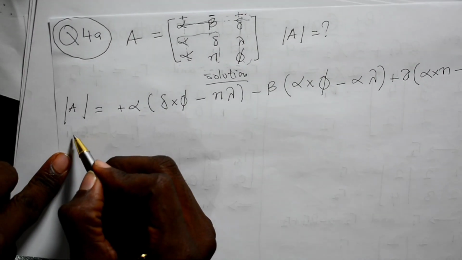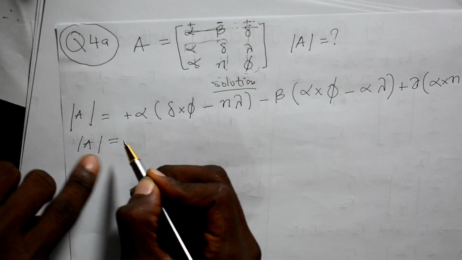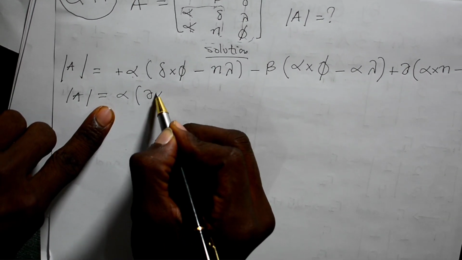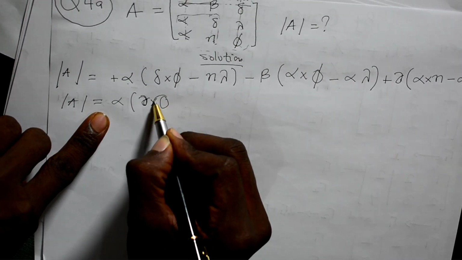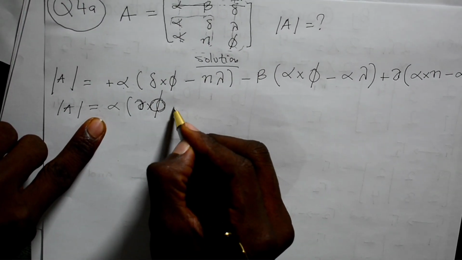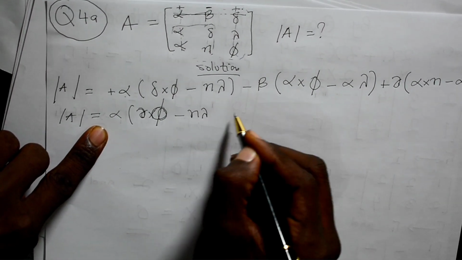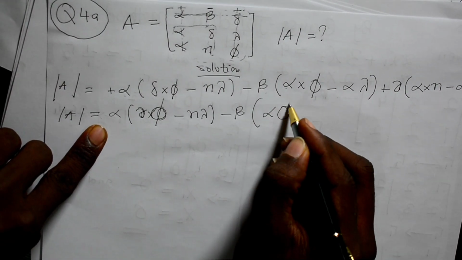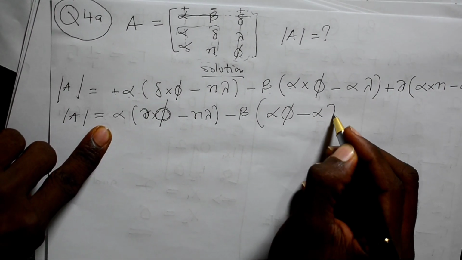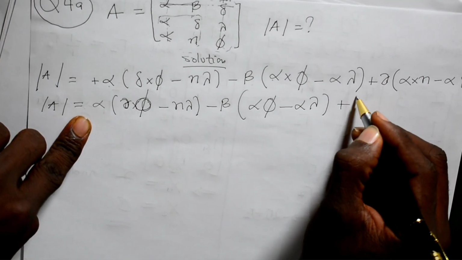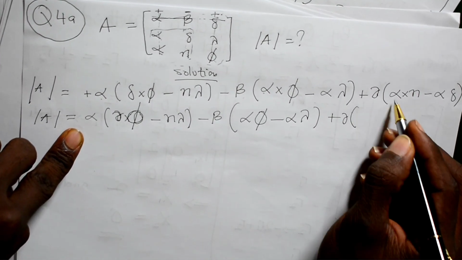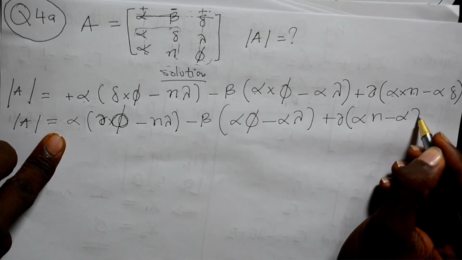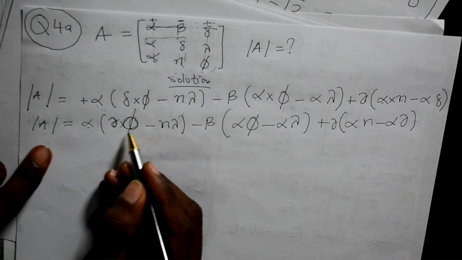Then now A determinant will be equal to alpha times this value will be alpha into sigma psi minus viscosity wavelength, then minus beta into alpha times psi minus alpha wavelength plus sigma into alpha viscosity minus alpha sigma. Then now we open the bracket.